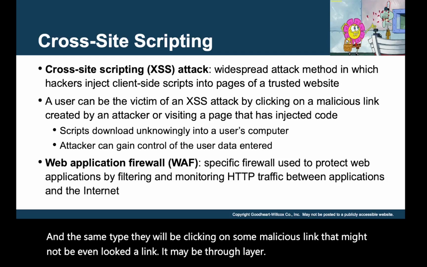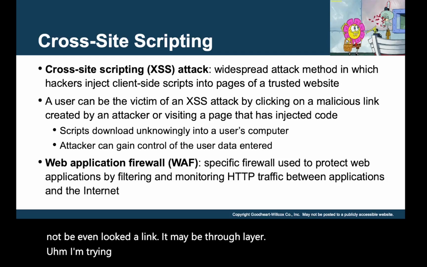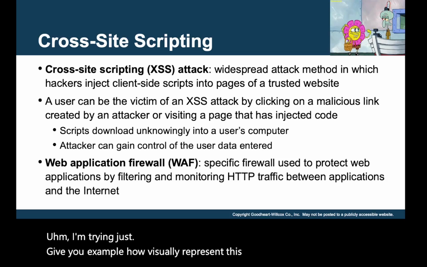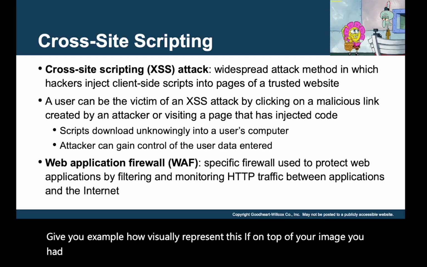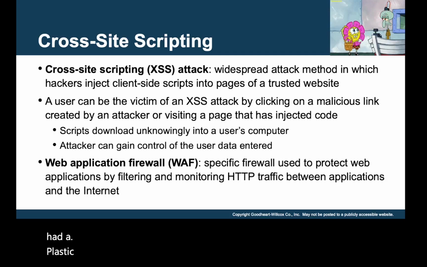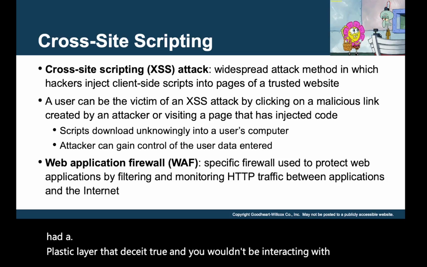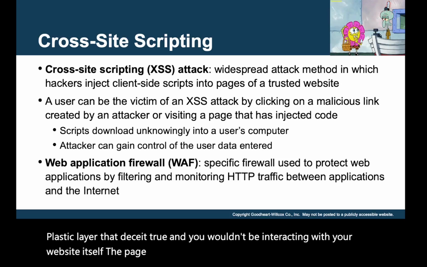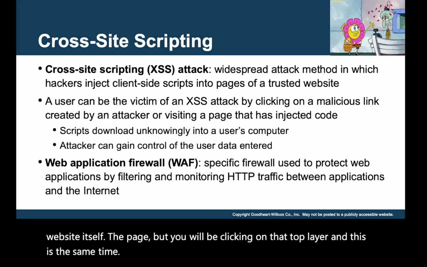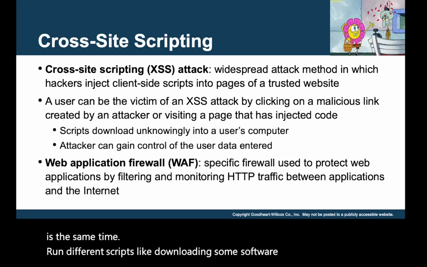I'm trying just to give you an example of how to visually represent this. Like if on top of your image you had some plastic layer that is see-through, and you wouldn't be interacting with your website itself, the page, but you would be clicking on that top layer, and at the same time running different scripts like downloading some software that you don't need or infecting your system.